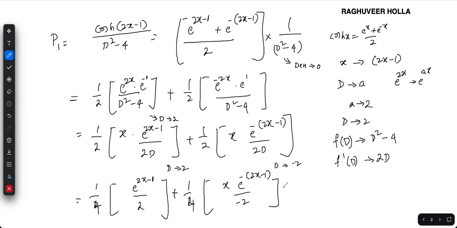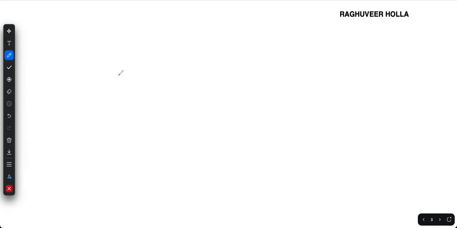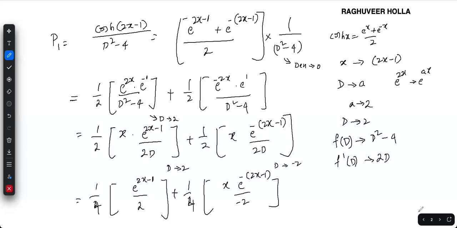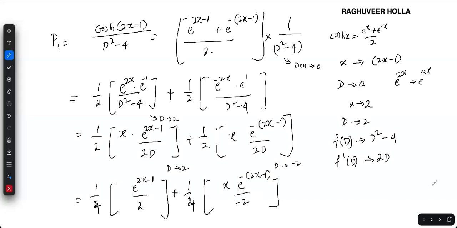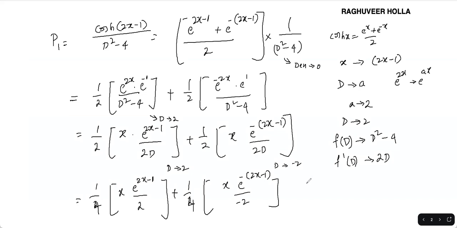Let us combine these two. 1 by 4 I can take outside, and x also outside. So x by 4 of e to the power of 2x minus 1 minus e to the power of minus of 2x minus 1, divided by 2.